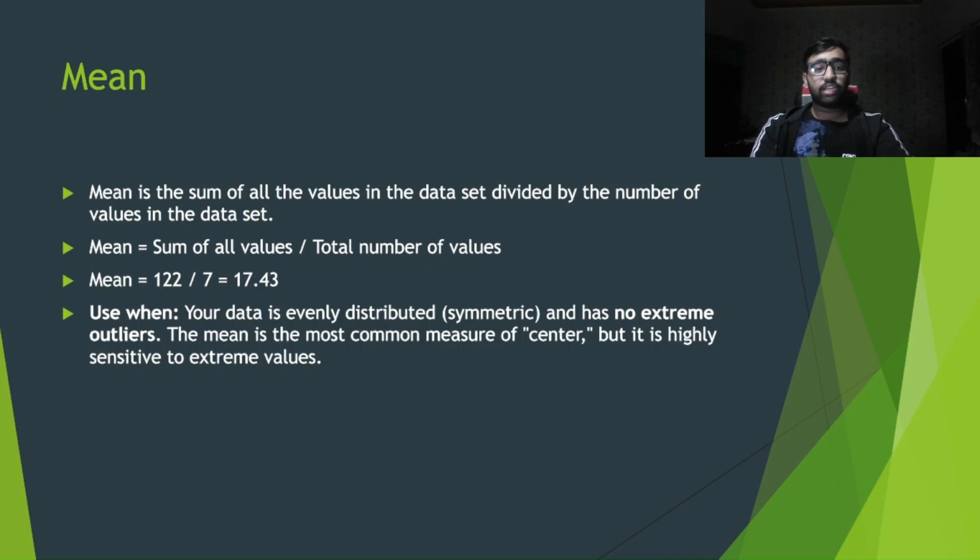Mean is used when data is evenly distributed, symmetric and has no extreme outliers. The mean is the most common measure for center, but it is highly sensitive to extreme values. So if there are several outlier values, or even some outlier values in our data, then the mean is very sensitive to them.